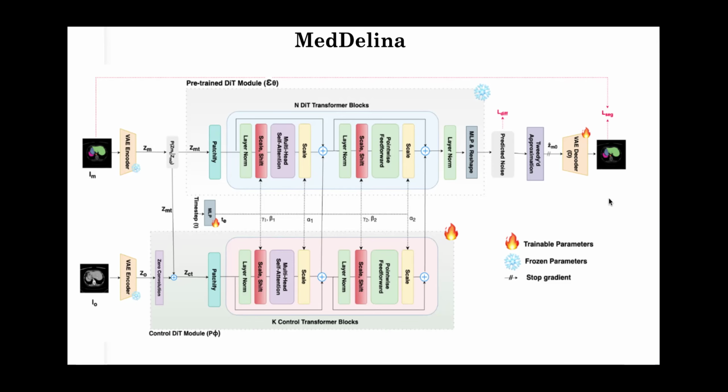Just following up on that, if you're drawing an analogy with text conditioned diffusion models, is it okay to assume that in your case the condition is coming from the original image? Yes, exactly, the original image. And we are not only using the diffusion loss, we are using the segmentation loss as well.